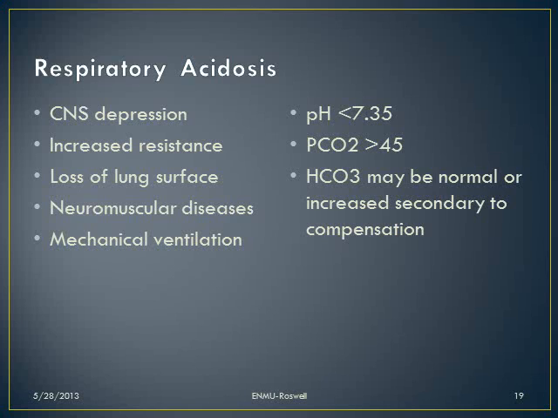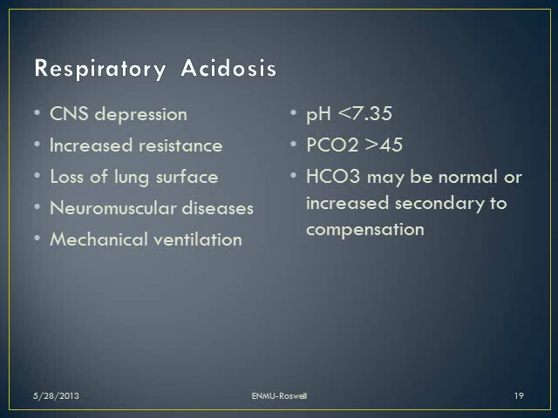Things that cause respiratory acidosis: CNS depression. Anything that has to do with the nervous system causing depression, increased resistance when we're talking about ventilation, loss of lung surface. If we have a V problem in terms of the VQ, if they don't have the surface area to offload CO2, they're going to retain it and hold on to it.